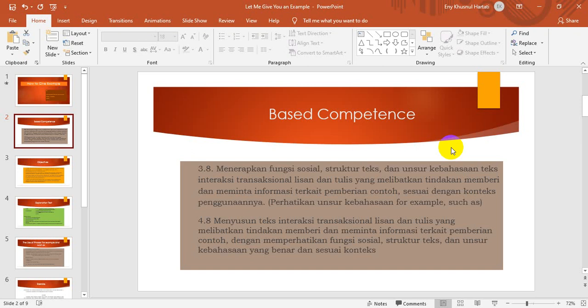Kemudian poin 4.8, menyusun teks interaksi transaksional, lisan dan tulis yang melibatkan tindakan memberi dan meminta informasi terkait pemberian contoh dengan memperhatikan fungsi sosial, struktur teks, dan unsur kebahasaan yang benar dan sesuai dengan konteks.